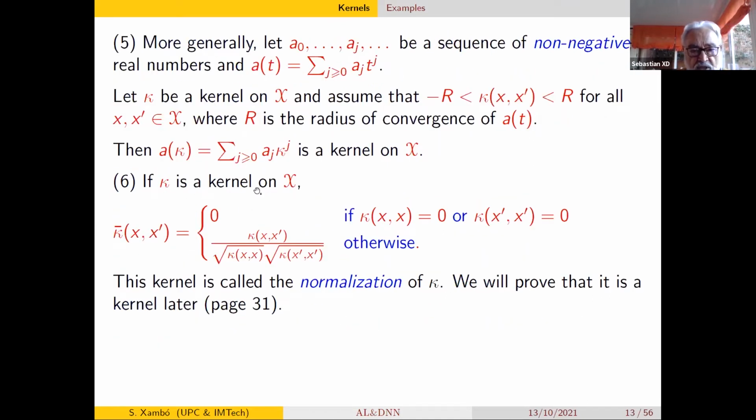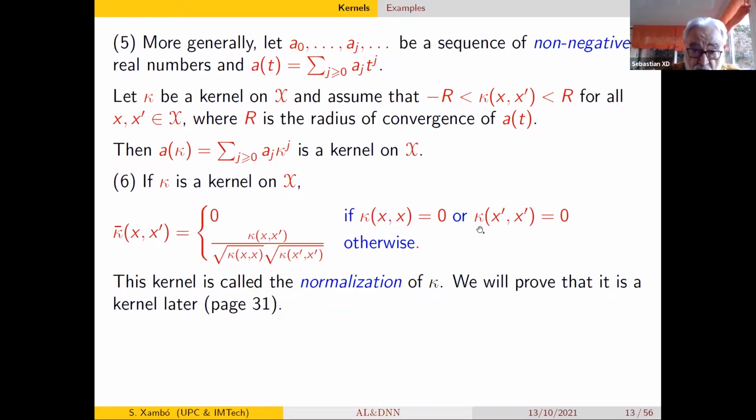This is less obvious, and we will work on it later. If kappa is a kernel on X, then there is what is called the normalization of kappa, kappa bar of x, x prime, which is defined as follows. If kappa of x is 0 or kappa of x prime is 0, then it is defined as 0.